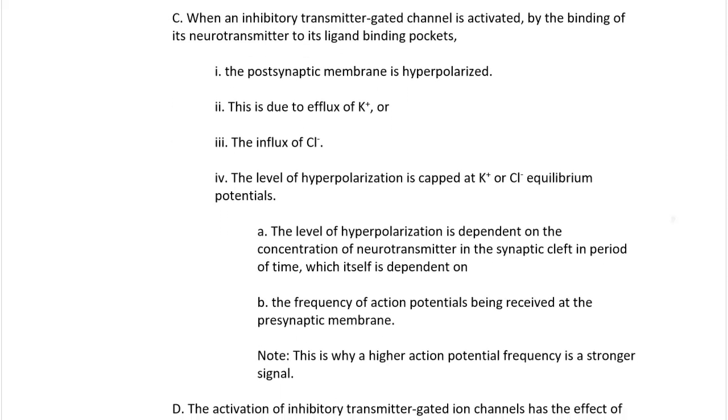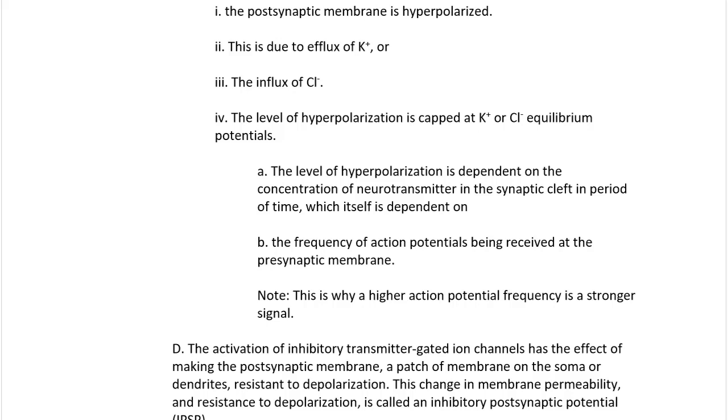The level of hyperpolarization is capped at potassium or Cl-'s equilibrium potentials. The level of hyperpolarization is dependent on the concentration of neurotransmitter in the synaptic cleft in the period of time, which itself is dependent on the frequency of action potentials being received at the presynaptic membrane. Note, this is why a higher action potential frequency is a stronger signal.